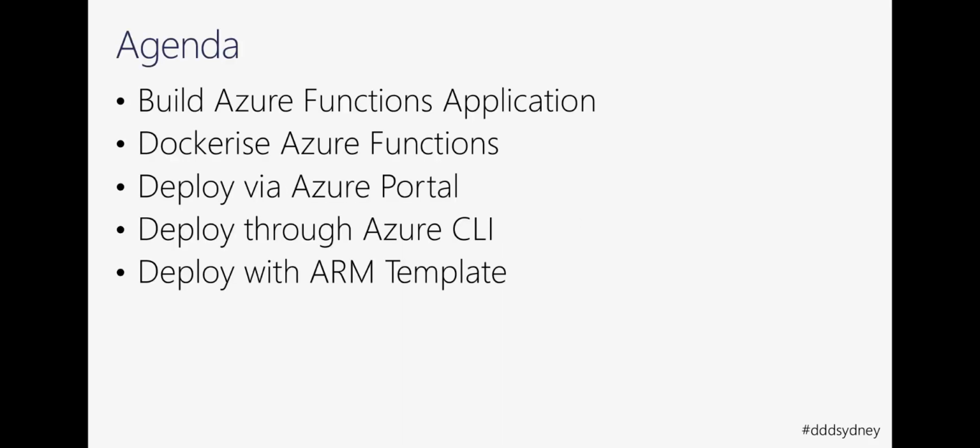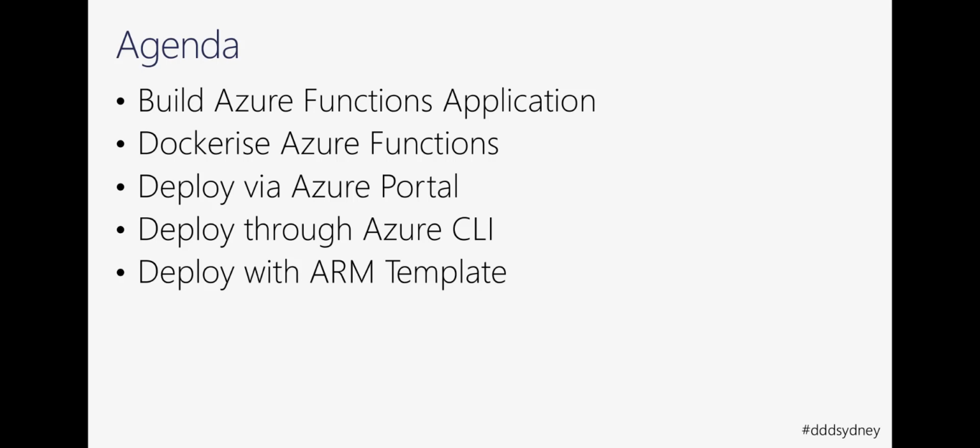So I'm pitching this session as an introductory session. But I'm expecting that at the end of this session, you will have at least one idea of how we build a serverless application in a container.